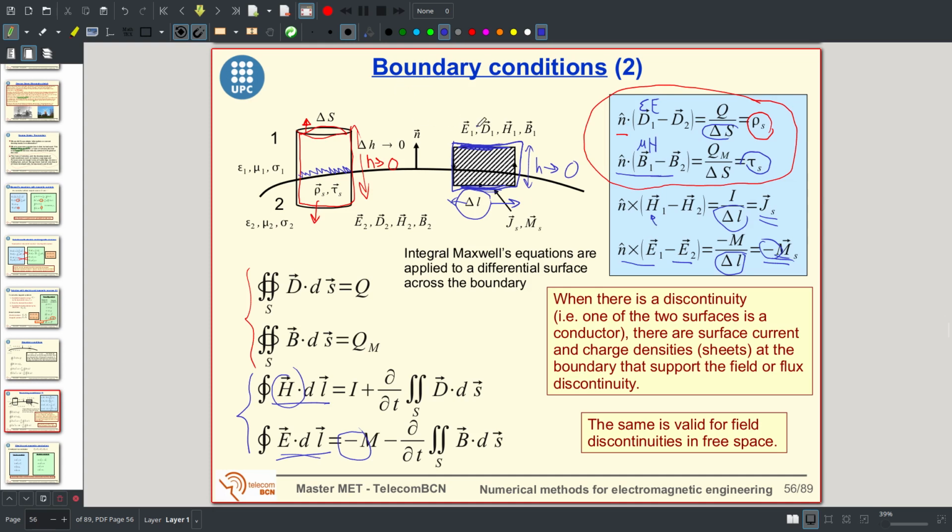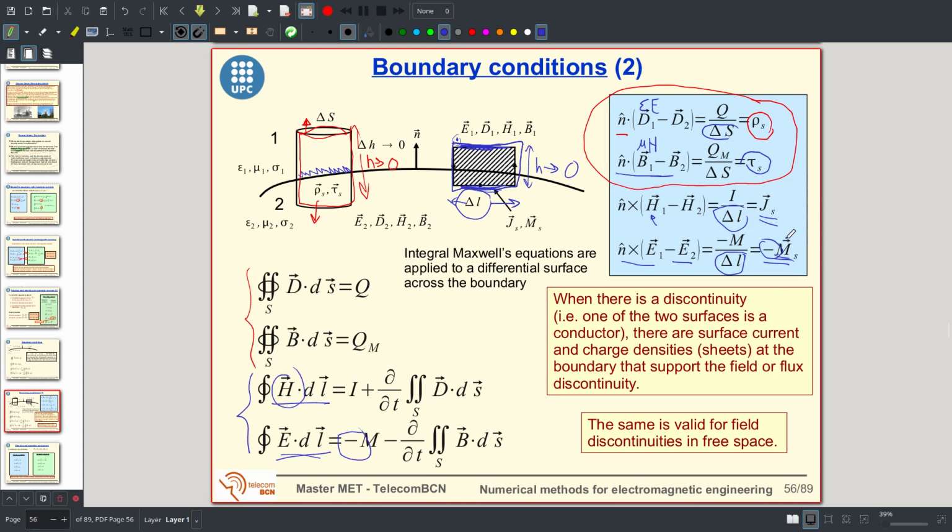So this multiplication by n gets in fact the normal to the tangent components like this, okay? But anyway, it's essentially a tangent component. In fact, you get the tangent component if you rotate 90 degrees the current, okay?